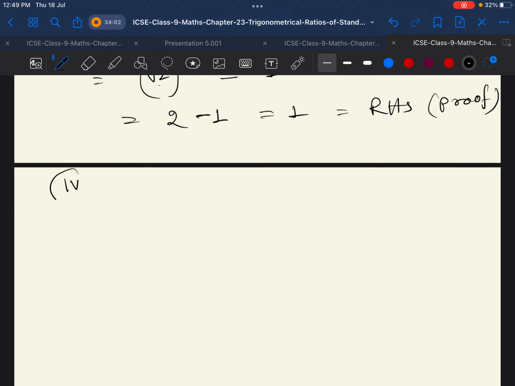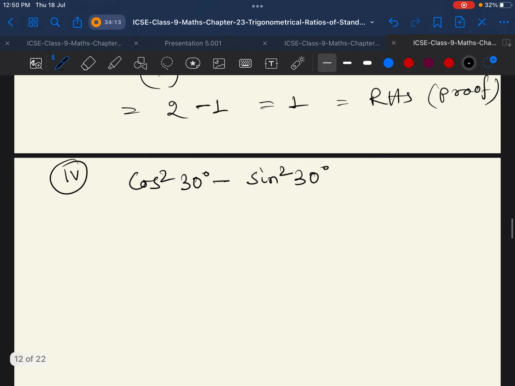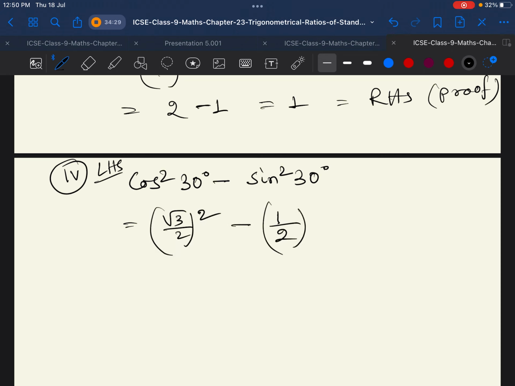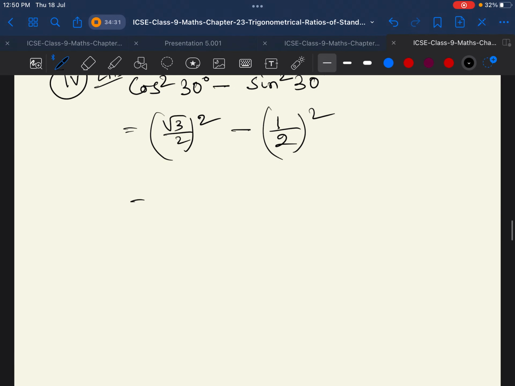Now question number 4. Cos square 30 degree minus sin square 30 degree. Okay. We have to prove this term will be cos 60. So this is left hand side. We know cos 30 is root 3 by 2 square minus sin 30 is 1 by 2 square.